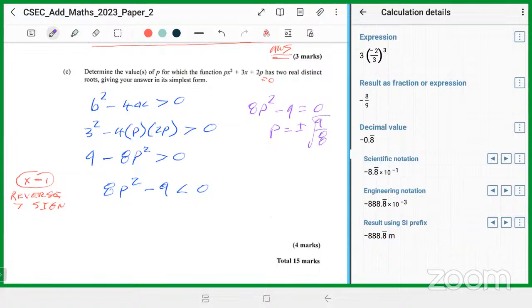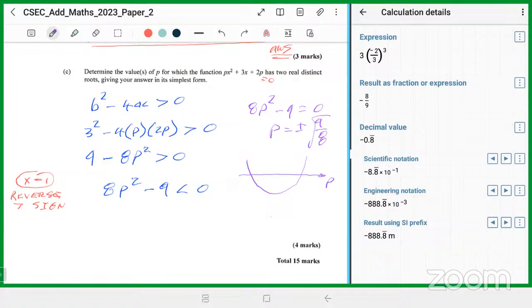So if I have a sketch graph for this, it will be a smile. My horizontal axis will be p. My critical values will actually work out to 3 over root 8, but I can put the root of 9 over 8 just the same.